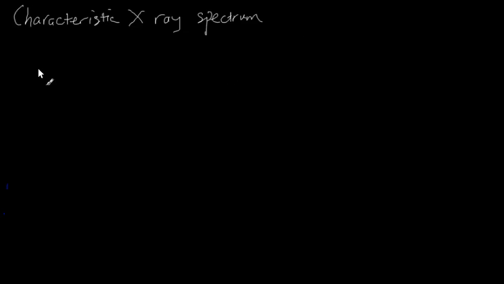So coming back to the example of molybdenum. I've talked about how when you have a beam of electrons hitting, say, molybdenum metal, X-rays would be produced. Now let me draw a typical spectrum for molybdenum.